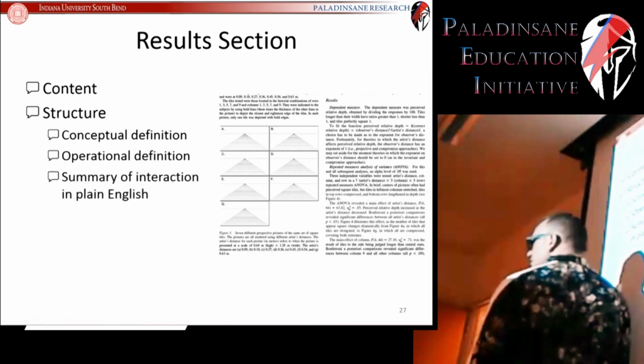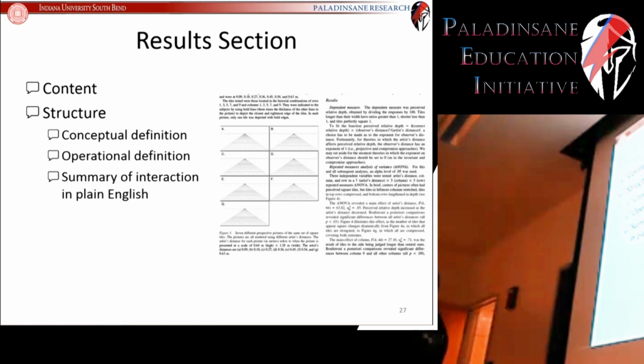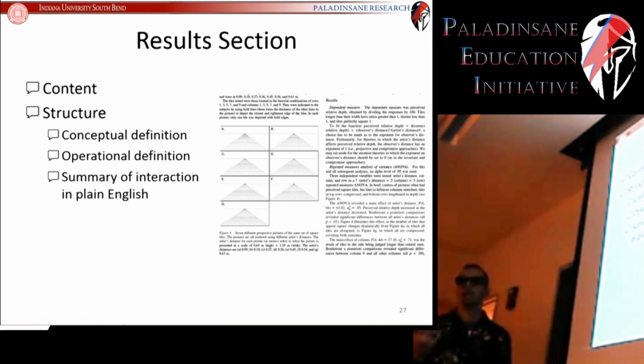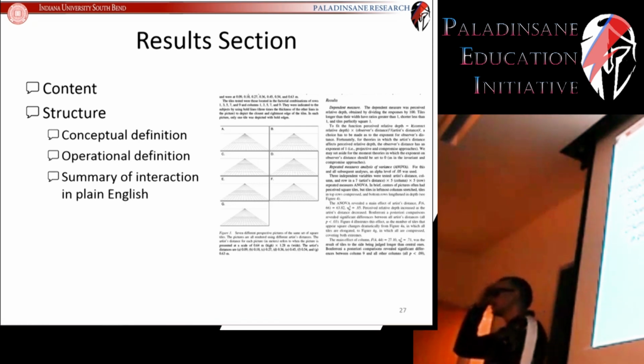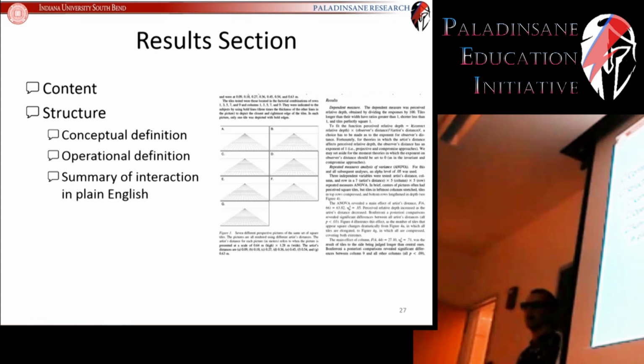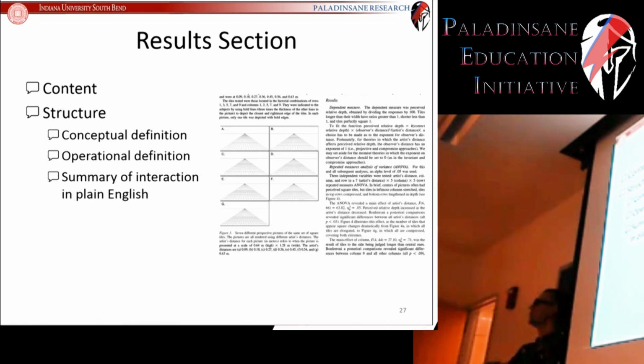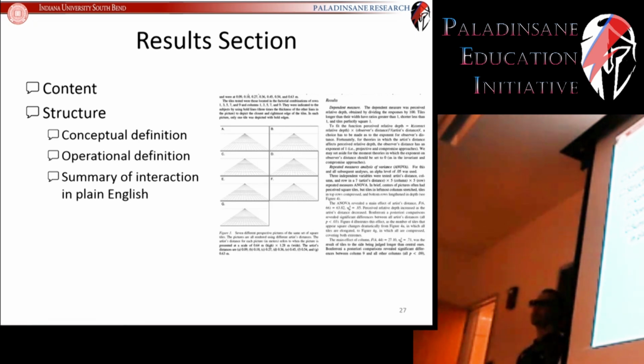Next section of the results section is going to be a summary in very plain English. No jargon, no overcomplicated language. It would be as if an intelligent individual unfamiliar with the experiment but with a psychology background came to you and said, I heard you did this experiment in P211. What did you find?